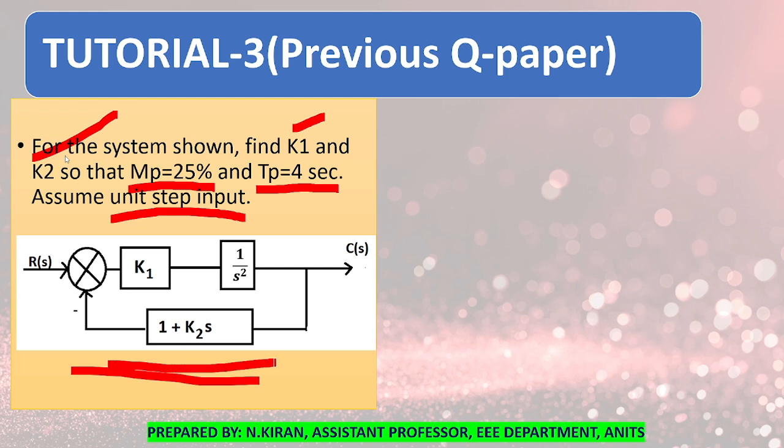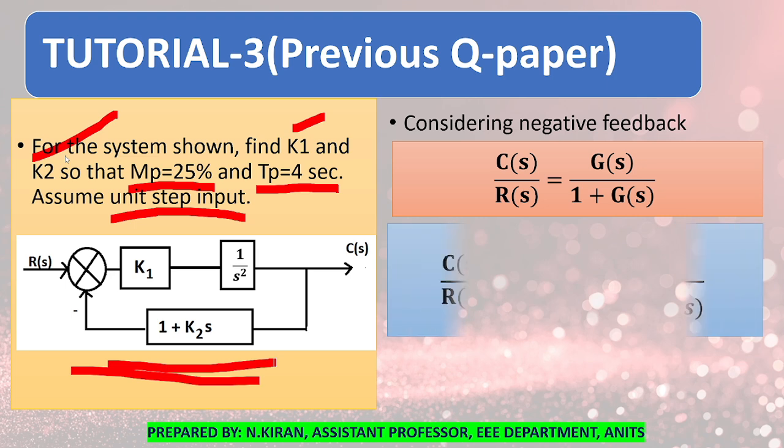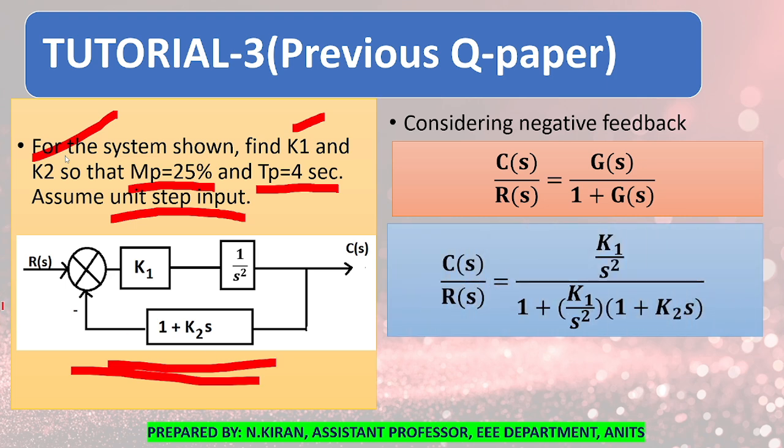So we already know the block diagram reduction technique. So using that, considering it is negative feedback, G of s will be nothing but K1 by s square, and H of s will be 1 plus K2 into s.